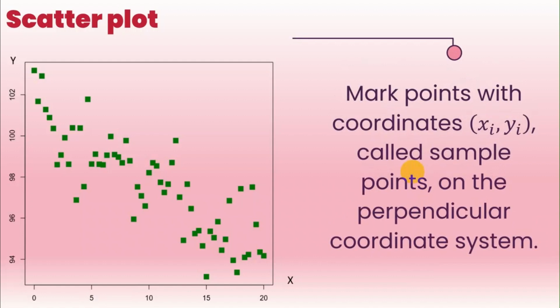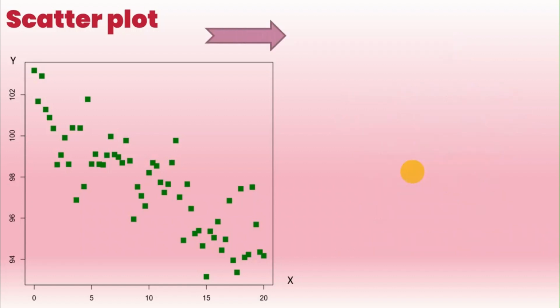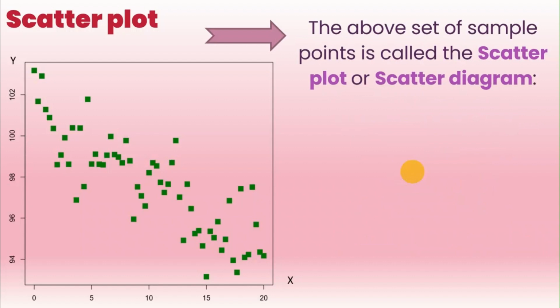Scatter plot is marked points with coordinates xi and yi, called sample points, on the perpendicular coordinate system. The above set of sample points is called the scatter plot or scatter diagram.